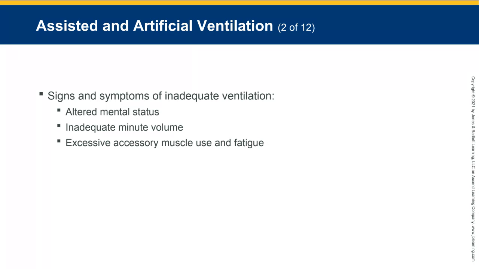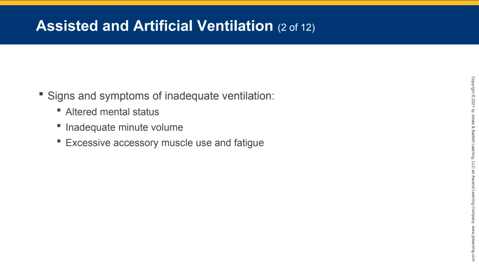If poor chest rise is present and you're using a BVM for that patient with whichever airway adjunct you think might be appropriate, then that would be considered assisted ventilation because there is still some amount of movement of the chest occurring, but it's not adequate.